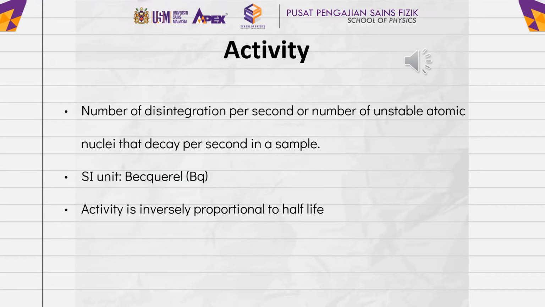Activity in radioactive decay processes is the number of disintegrations per second or the number of unstable atomic nuclei that decay per second in a given sample. It has the SI unit of Becquerel and is inversely proportional to the half-life of an element.